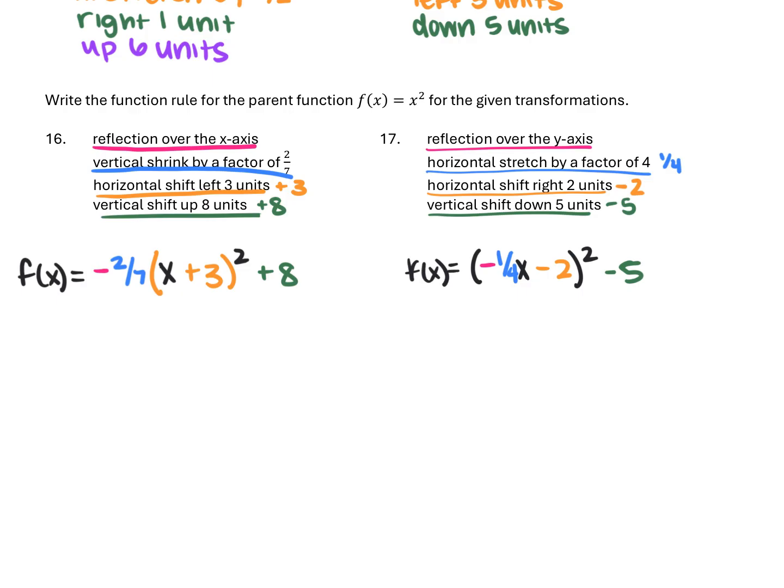So altogether, you have that f of x is equal to (negative 1/4 x minus 2) squared minus 5.